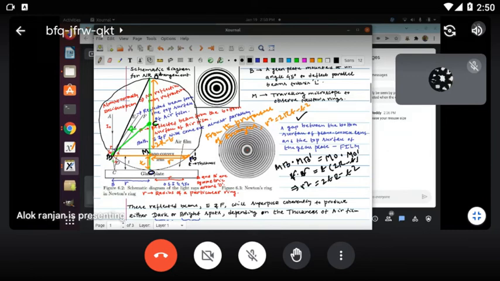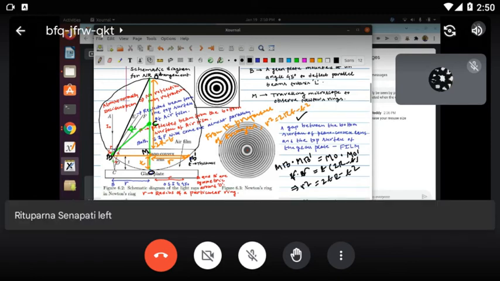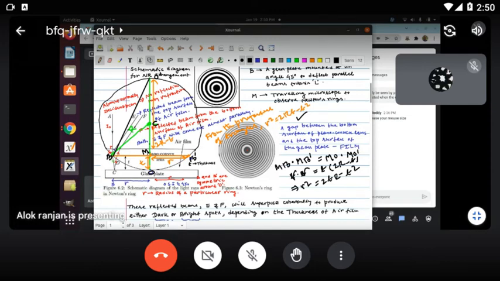So from just the triangle principle, you must have this relation, or some other approach. Okay. So any more question on Newton's rings?